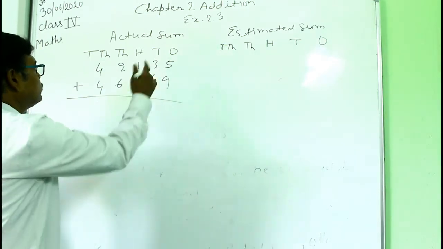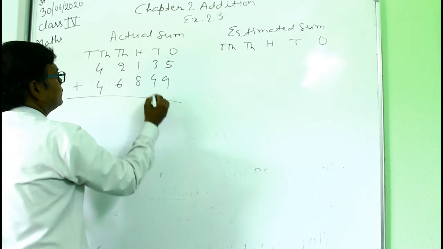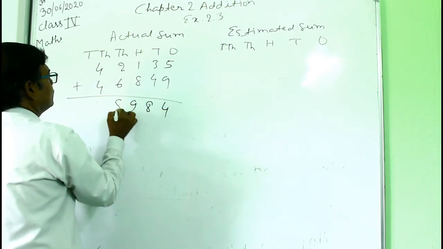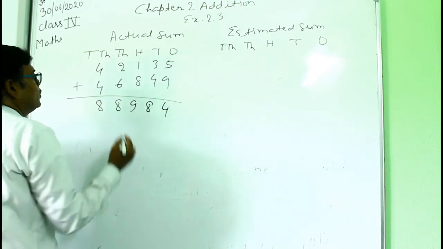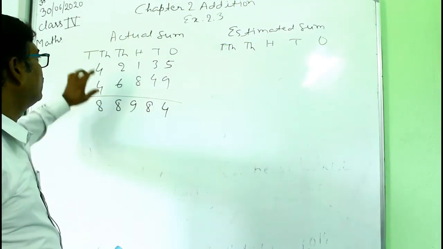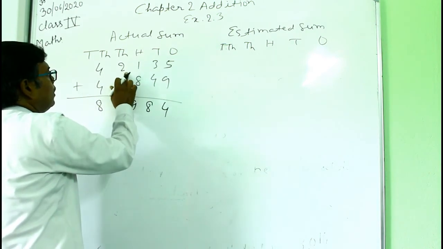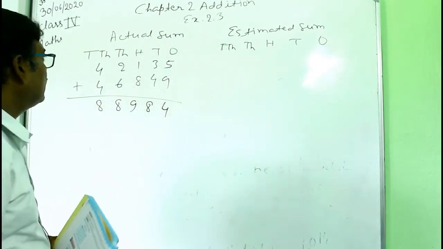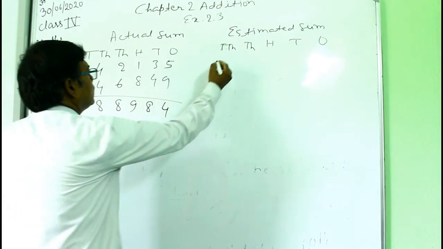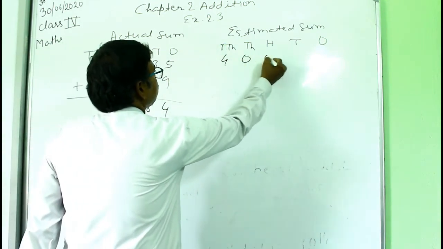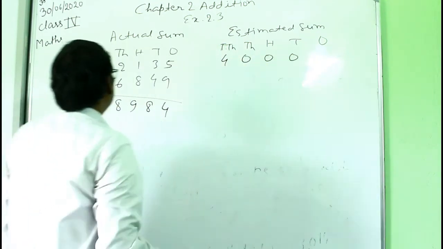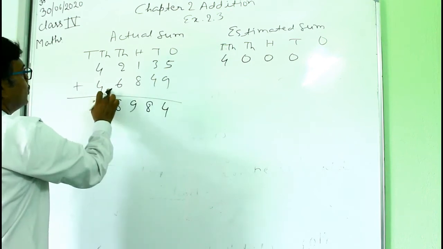Then find the actual sum. So this is the actual sum of these two numbers. Now what is the estimated sum here? It is 42,135. So write only 40,000 here, and this is 46,000 here, so it is close to 50,000. Then write here 50,000.